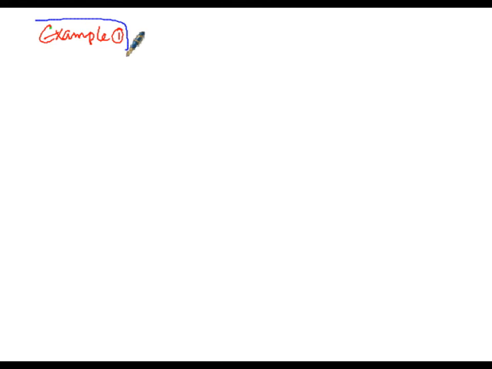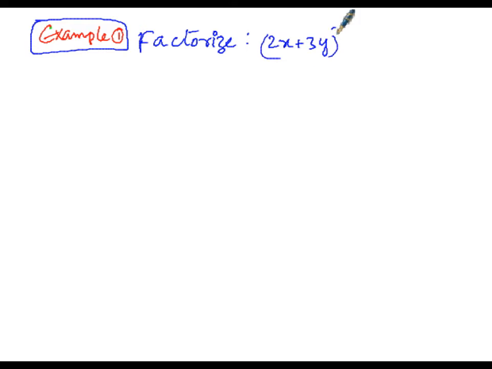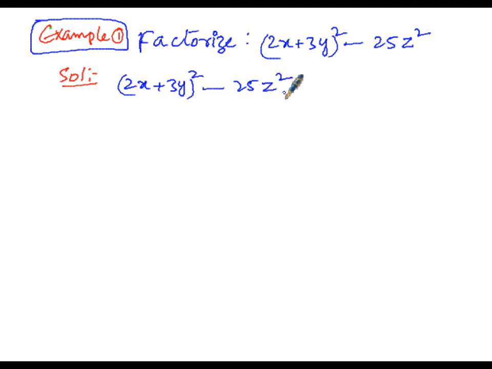So in this example number 1, we are going to factorize 2x plus 3y whole square minus 25z square. Then now the solution starts. The given expression is 2x plus 3y whole square minus 25z square.